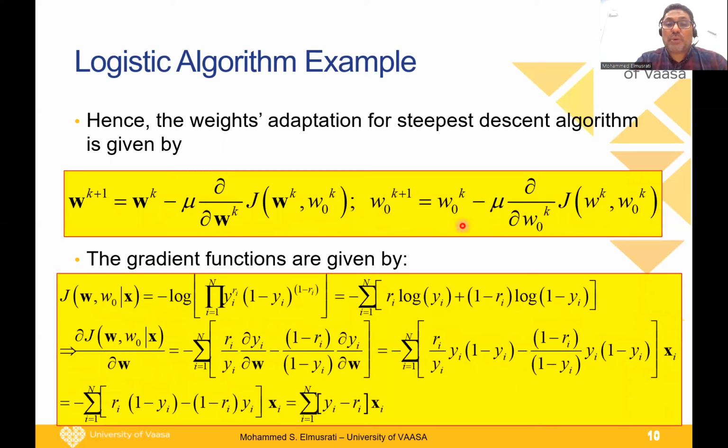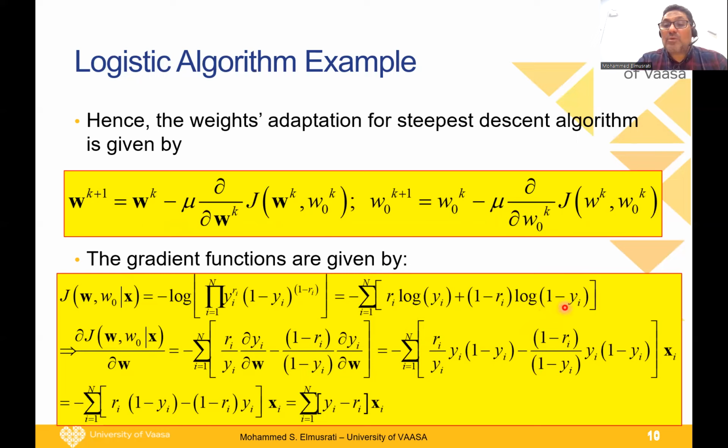So this is what we are showing here, and then we make this derivation. We take the derivative of this function with respect to W, and we show here in detail how to do it. You take the differentiation inside. So this will be Ri divided by yi times the derivative of yi with respect to the weight vector W, minus, because when we take the derivative, this will be minus, (1 minus Ri) divided by (1 minus yi) times the derivative of this function.